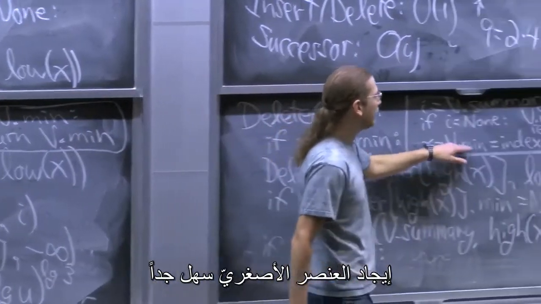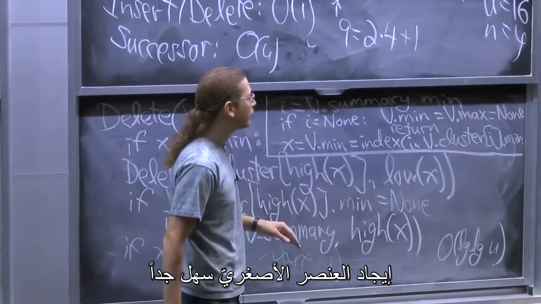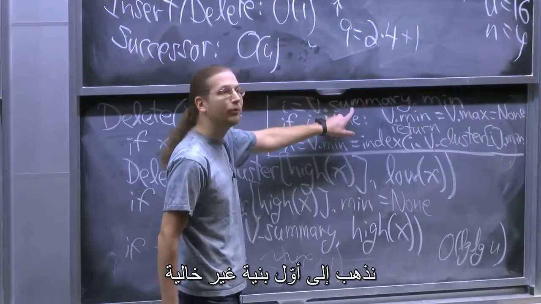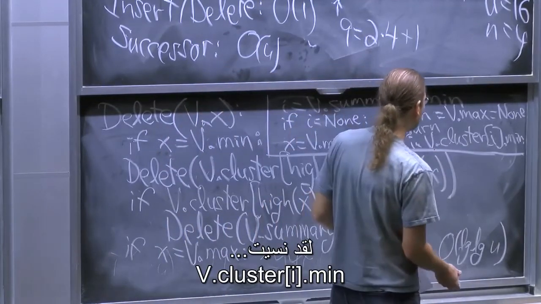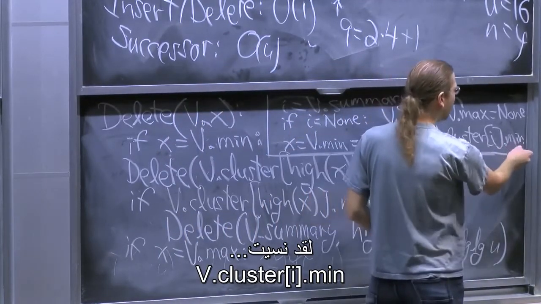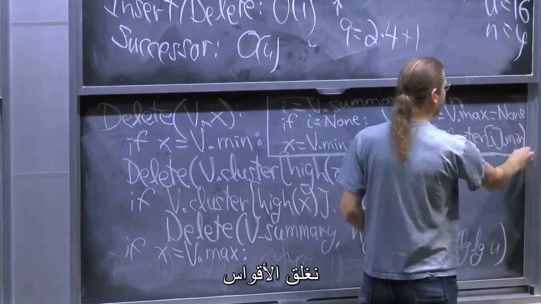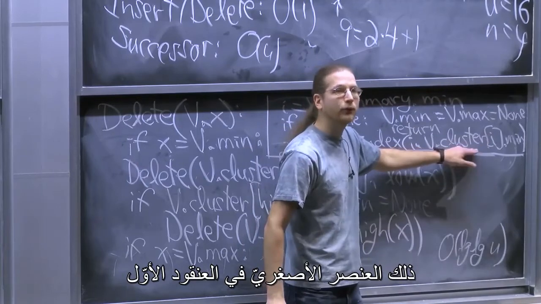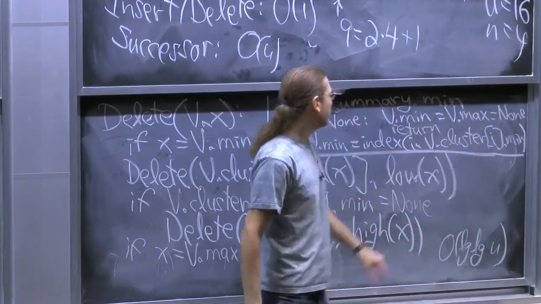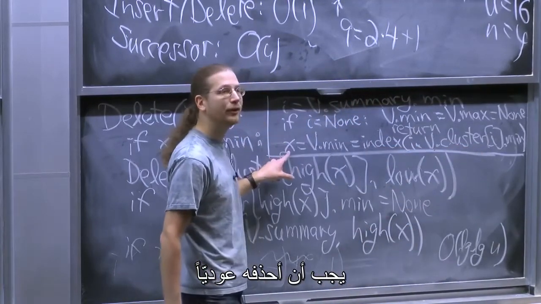So now finding minimum items is actually pretty easy. We just look at the first non-empty structure, and we look at v.cluster[i].min. That is the minimum item in the first cluster. So I want to recursively delete it.